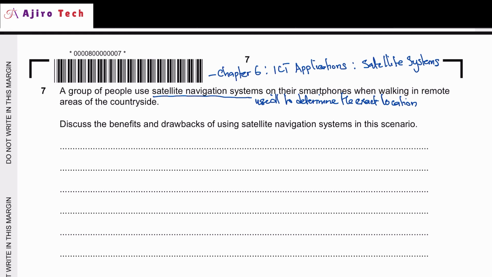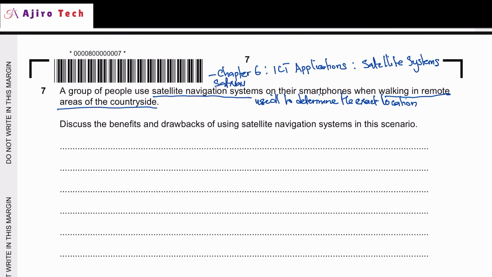In this case, the person is walking in a remote area. Take note because we must relate to this scenario of the countryside. We use the GPS as a satellite navigation system, what we call your sat nav.